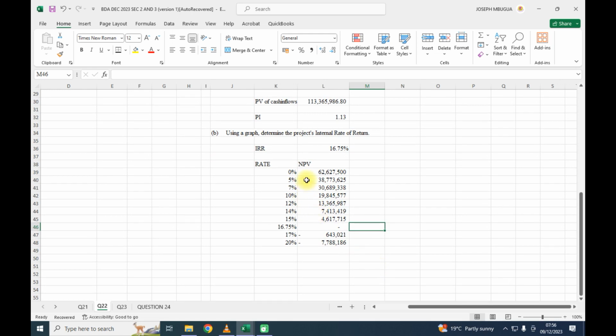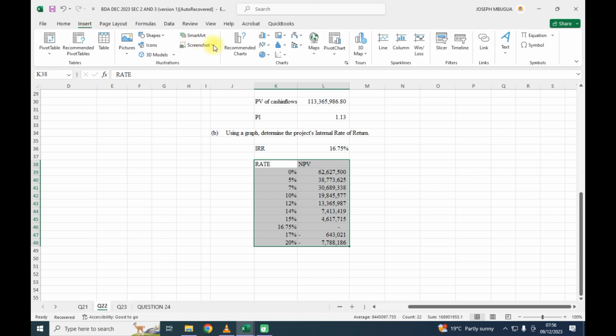Then we need to plot this, the rate vis-a-vis the NPV, and I will highlight this because we needed to show the graph. Using a graph, determine the project internal rate of return. So I will go to insert, and we shall go to recommended.